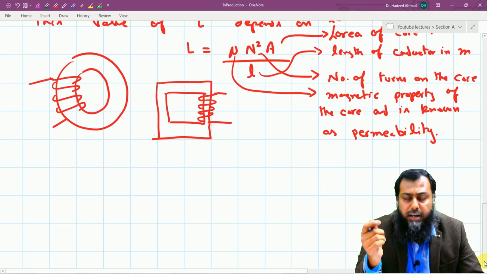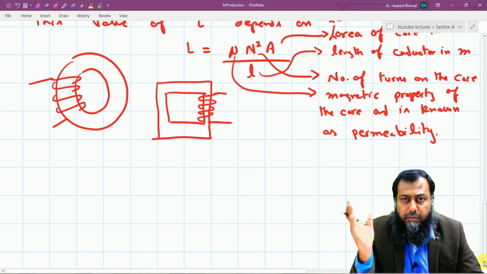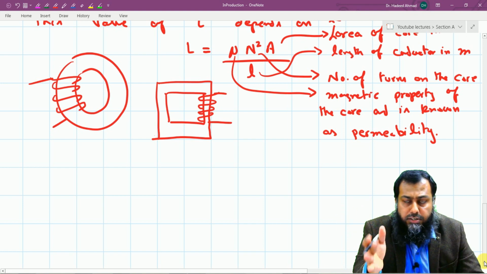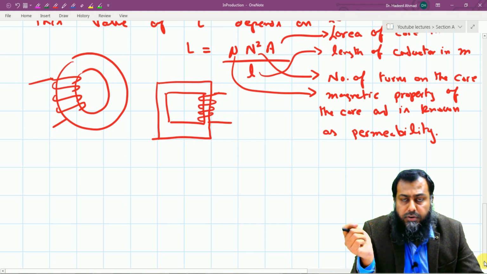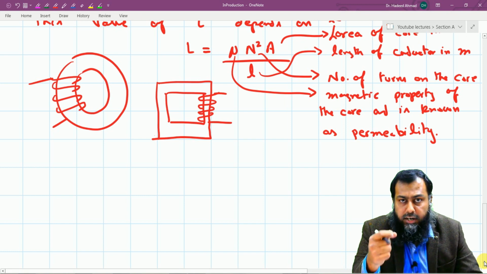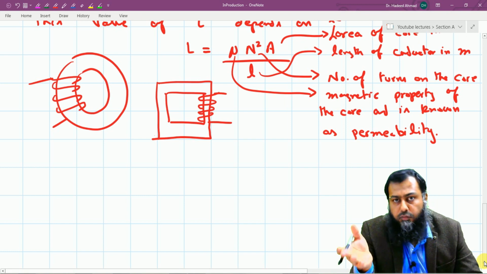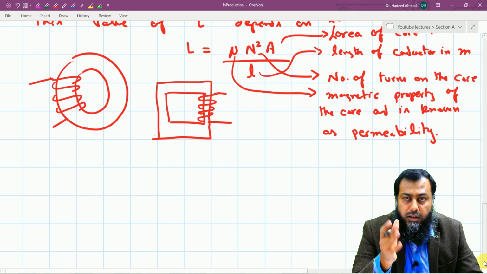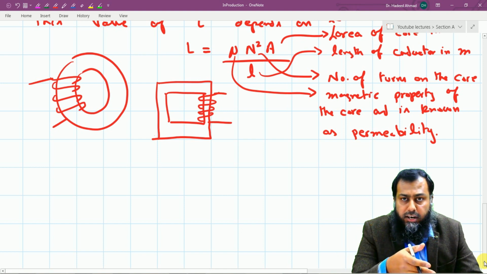Notice that the inductor is not a commercially off the shelf available device. For most applications, the value of the inductor depends on a lot of different factors, and therefore the designer has to design the inductor based on his or her own requirements. But that is not the scope for this linear circuit analysis course.